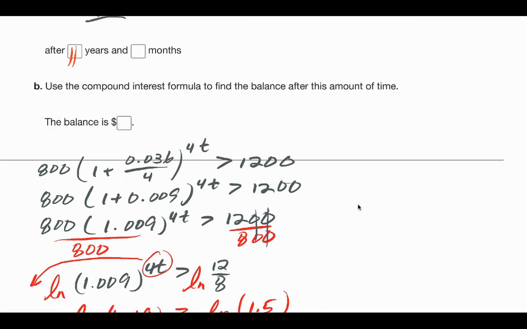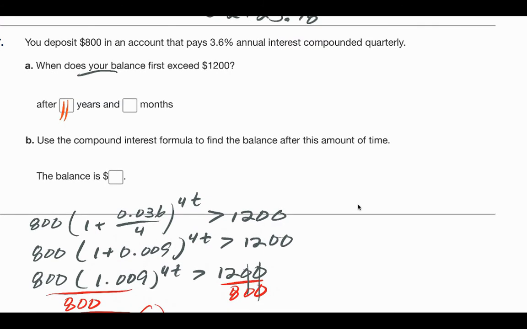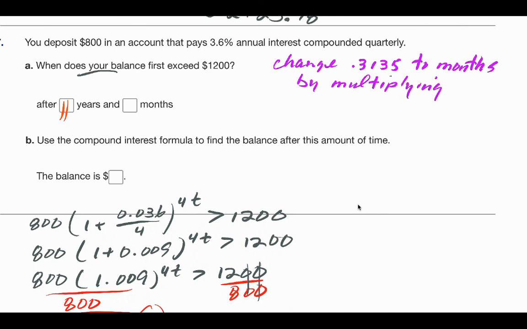So I'm going to tell you up here, change 0.3135 to months by multiplying by 12, because there's 12 months in a year.